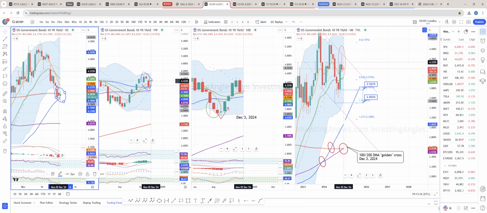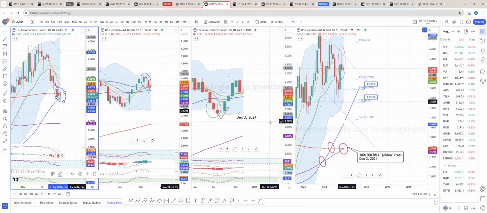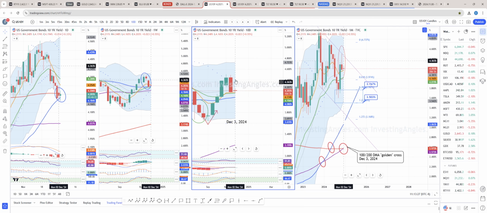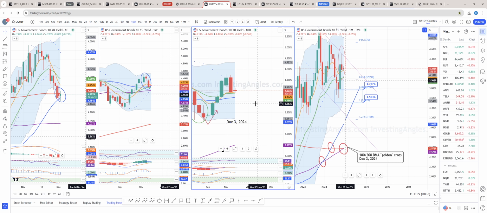So far the weekly is bearish, but it's still above the major support lines, and the 10-day frame is also bearish. However, it holds above the major support lines.